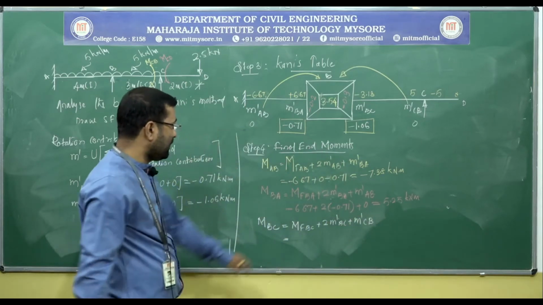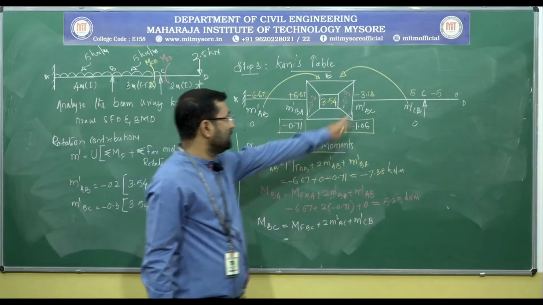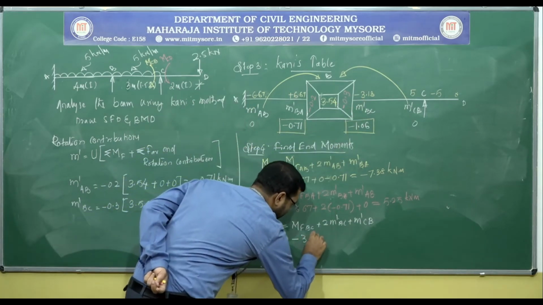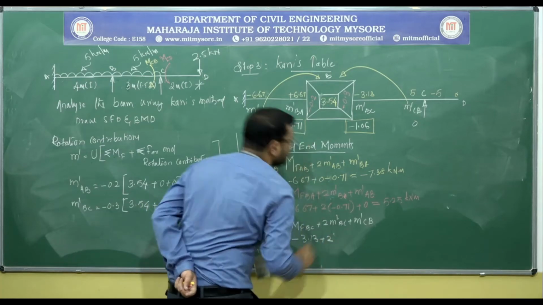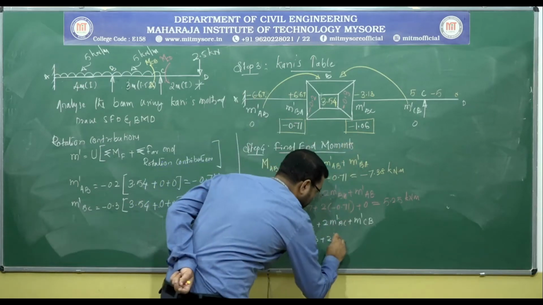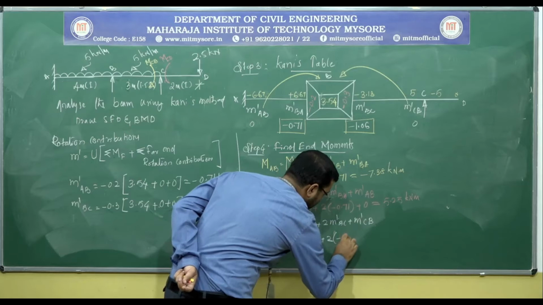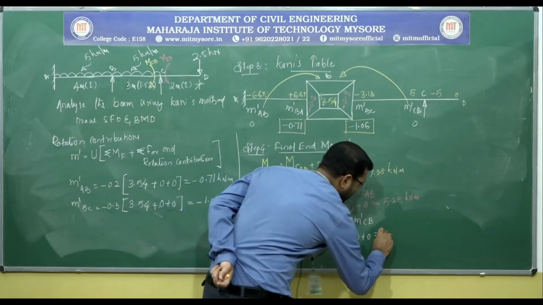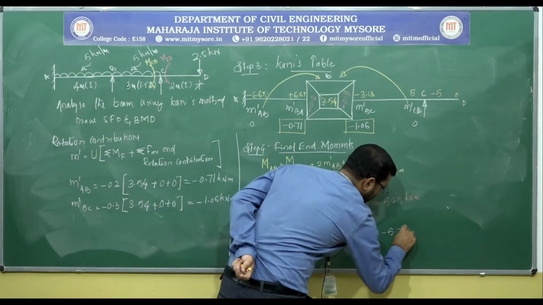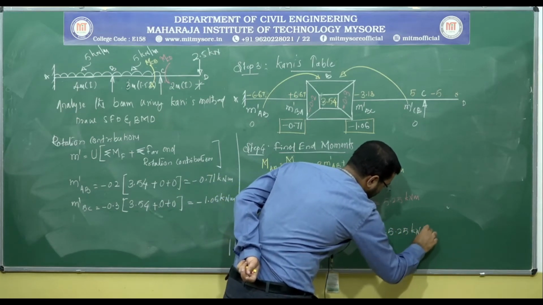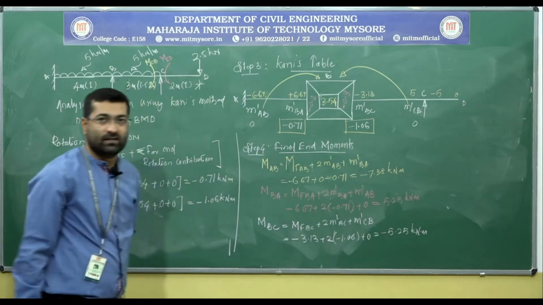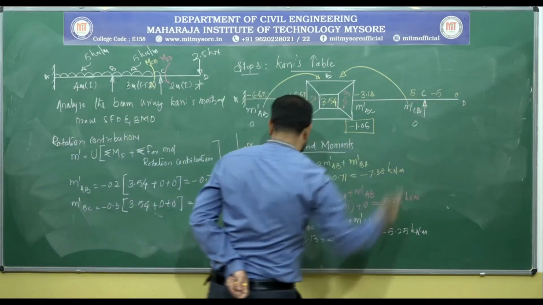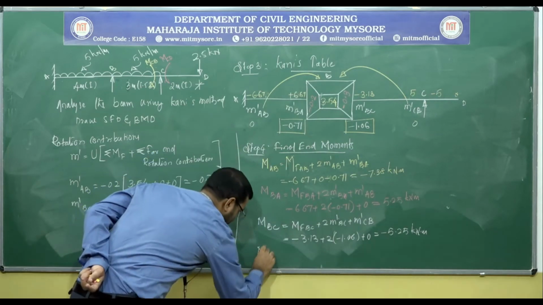The fixed end moment is minus 3.13 plus 2 times minus 1.06 plus 0, which gives you minus 5.25 kilonewton meter.